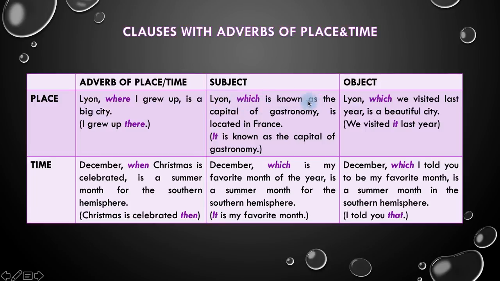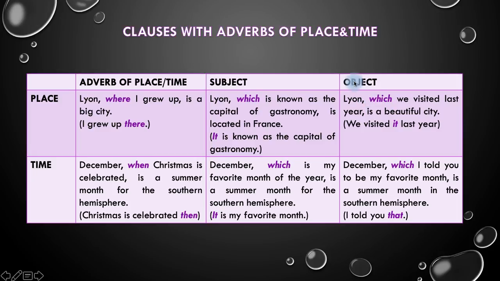Lyon, which is known as the capital of gastronomy, is located in France. By which we mean that it is known as the capital of gastronomy. It's not an adverb of place here, right? It does not define the place, but it gives information about the capital of gastronomy here.